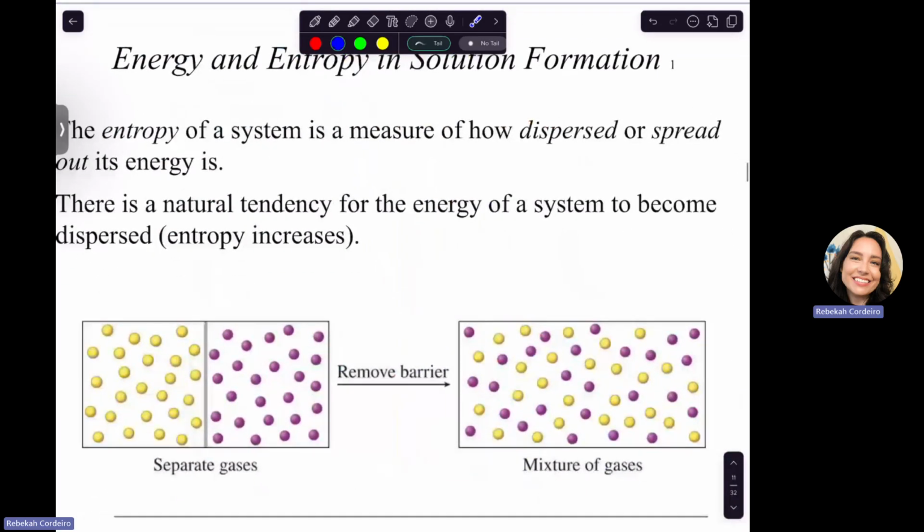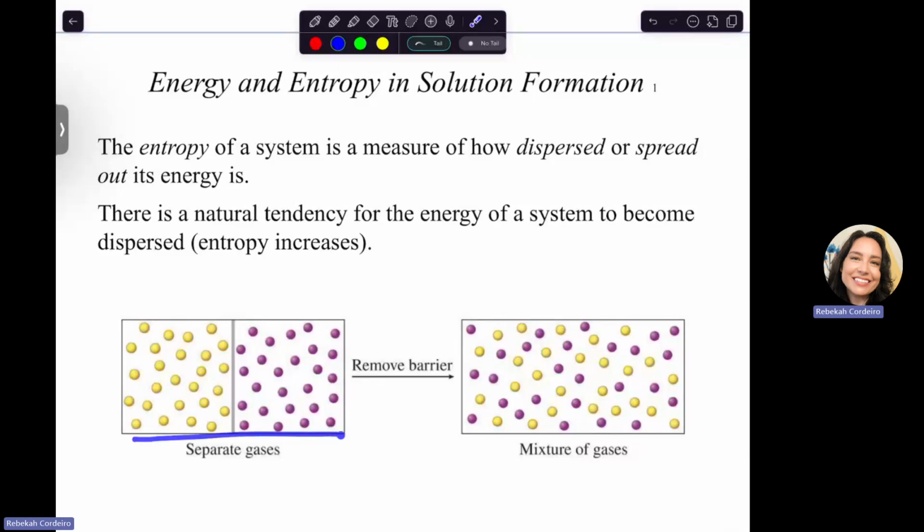It's because when you take two separate things and you mix them up, we get better entropy. Entropy is the measure of how dispersed or spread out the energy is in a system. That's kind of hard to think about. So what we can think about entropy is the measure of disorder. I know some people have called it like the measure of chaos.